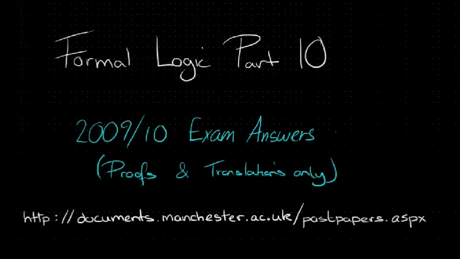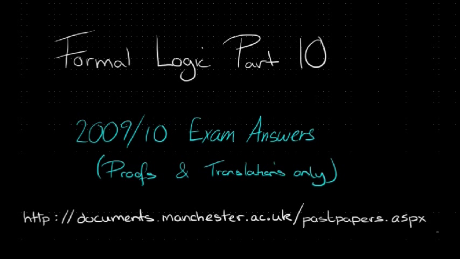In this session I'm going to look at the exam answers to the 2009-10 exam paper, which is available at the following website. If you go to your search engine of choice and type in University of Manchester and past papers, you'll be taken to this page, and then if you just type in Introduction to Logic in the search bar, you don't need to set any of the other parameters for the search.